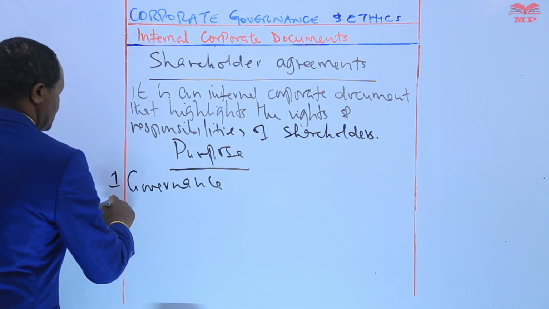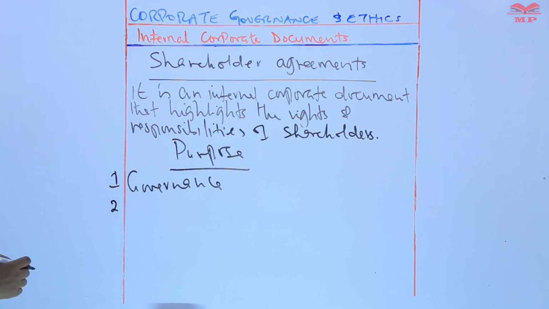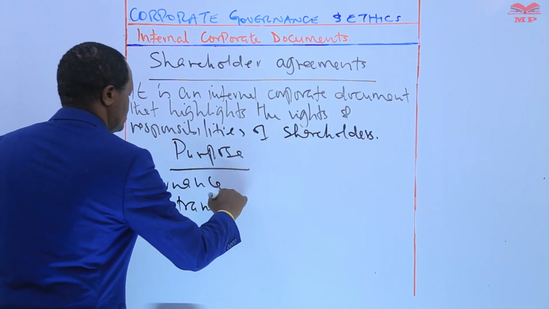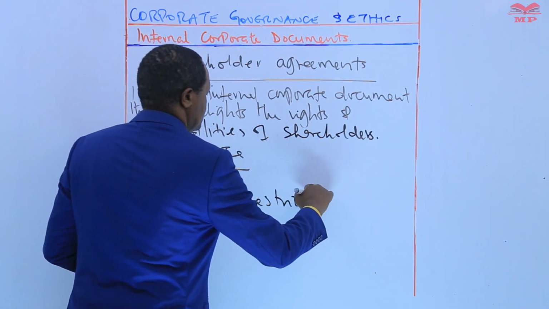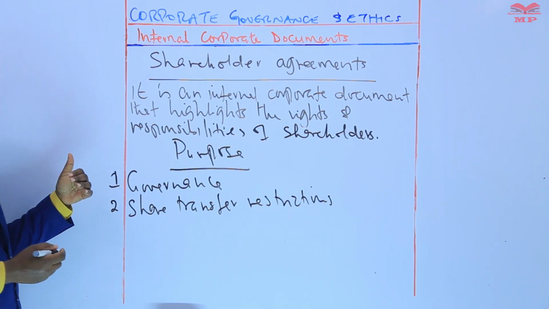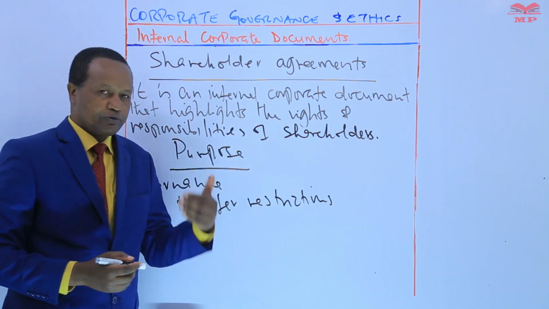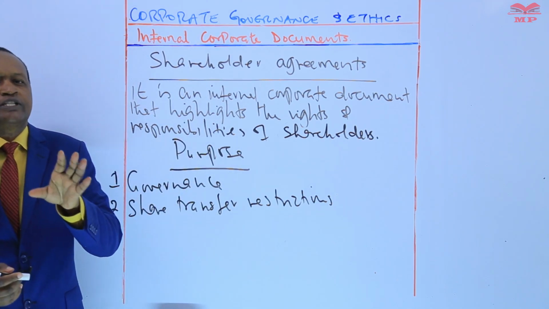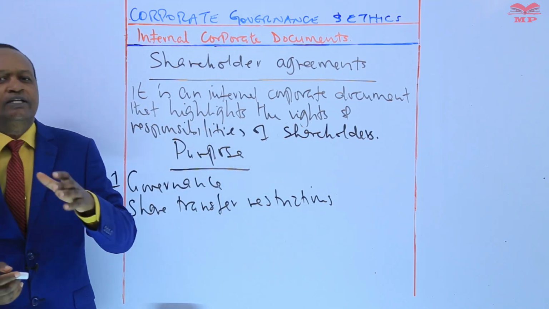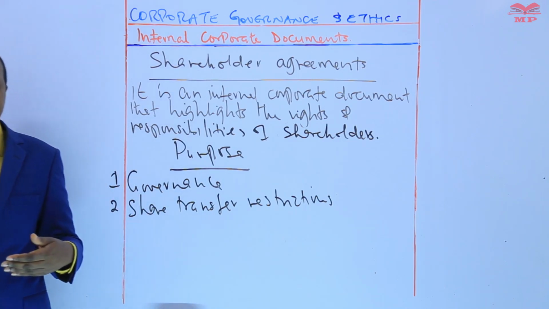The second purpose is in relation to share transfer restrictions. This document can include provisions restricting the transfer of shares to third parties, including what we call the pre-emption rights.